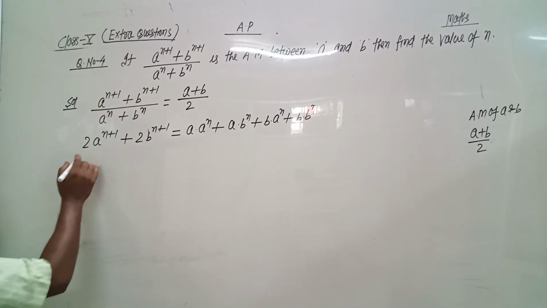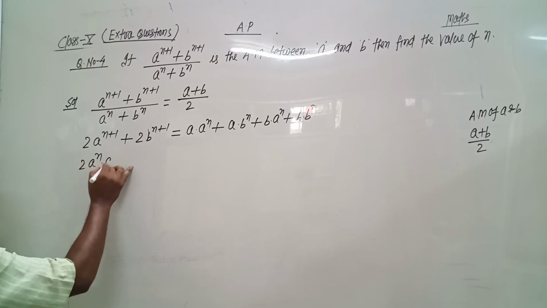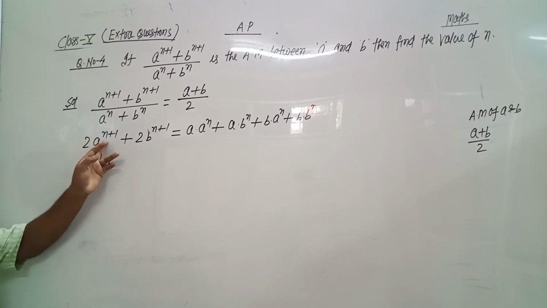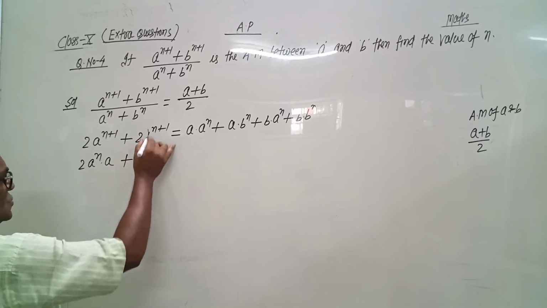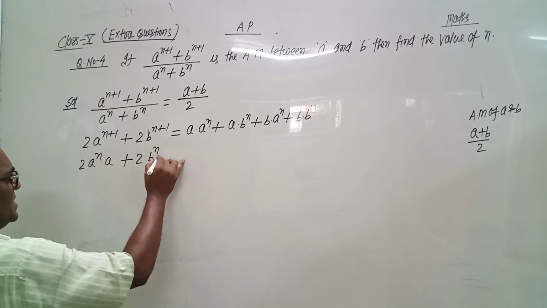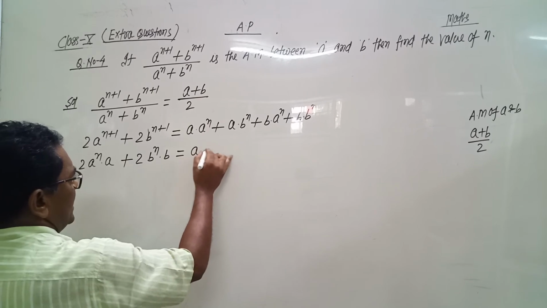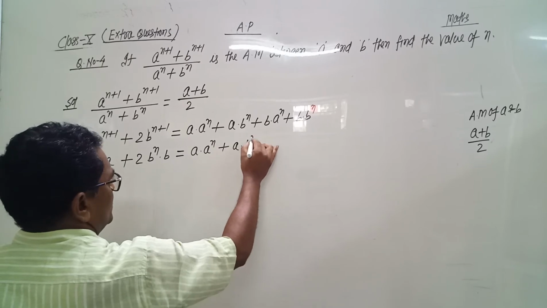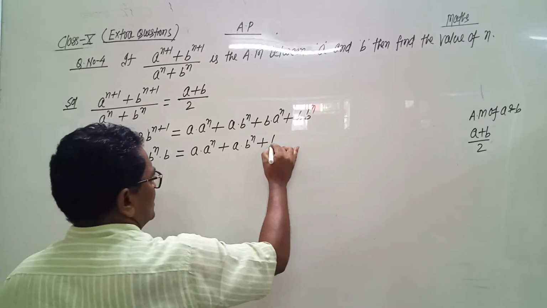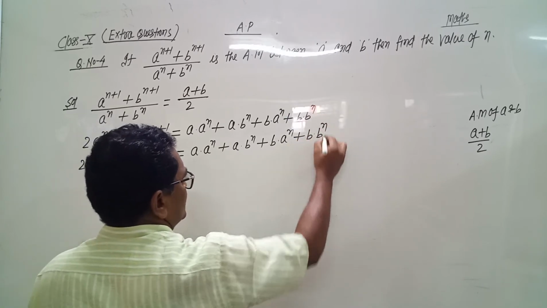So we can write 2 into a raised to the power n into a. A raised to the power n plus 1 is written as a raised to the power n into a. Plus 2, this is written as b raised to the power n into b, equals to a into a raised to the power n plus a into b raised to the power n plus b into a raised to the power n plus b into b raised to the power n.